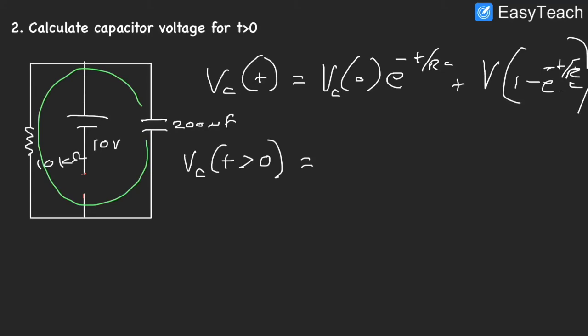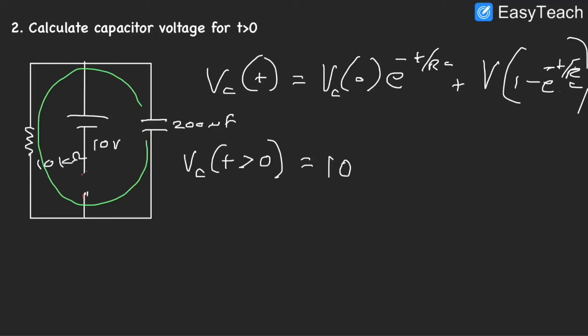After 5 time constants, the capacitor is said to have 98% of 10 volts. So we can safely assume that it's been charged for a while. This circuit was in this condition, so the capacitor had been charged. So we can say this was 10 volts, and e to the power of minus t by RC.